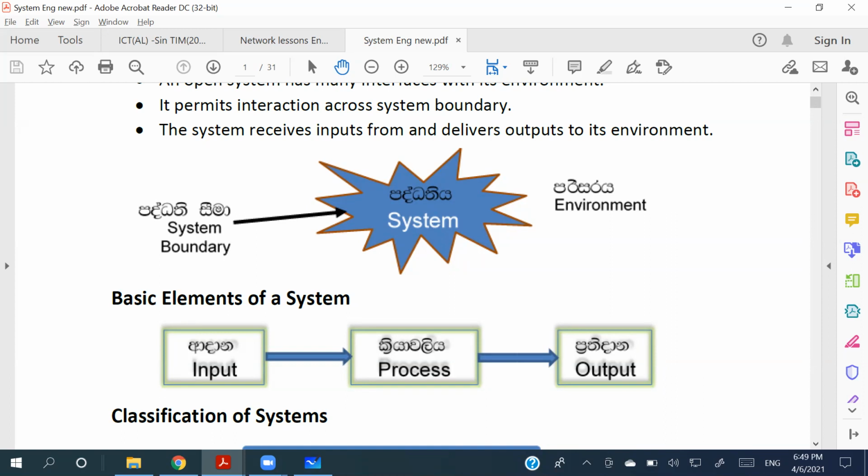But if you think about a school system, it is something which deals with the environment. Children come from outside, parents interact from outside, right? And the education ministry, the police stations, and all these things are interacting with that system. So there are those kinds of ones, right? So when it comes to a system, it has a boundary, and outside of that boundary, we call it the environment that the system is interacting with.